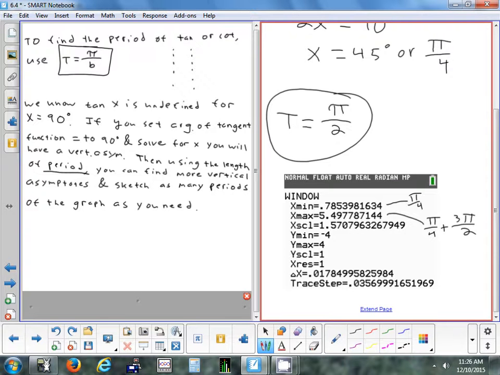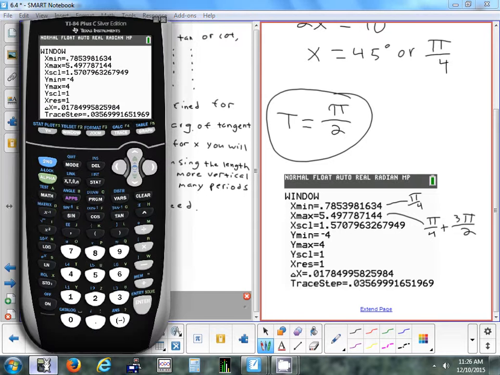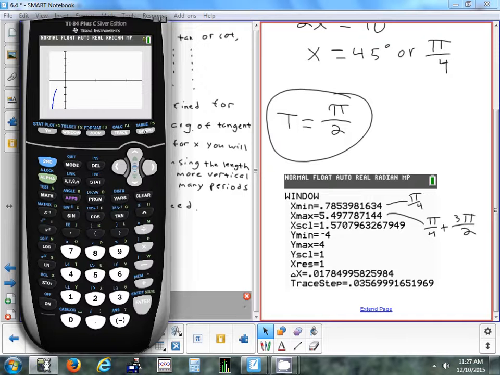All right, let's take a look. Let's try what Aiden said. So you said negative pi over 4? Yeah. And now I'm going to take that, and I'm going to add what? Yep, add 3 pi over 2. I'm adding triple the period because they said show 3 periods.